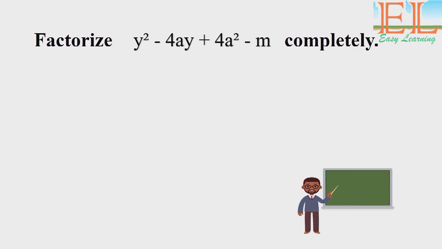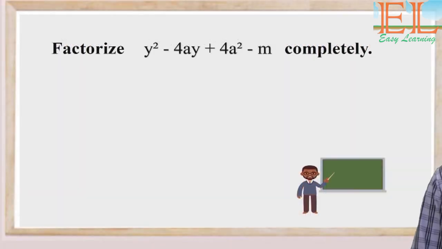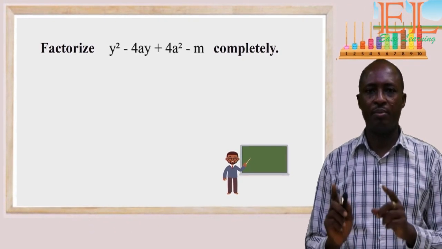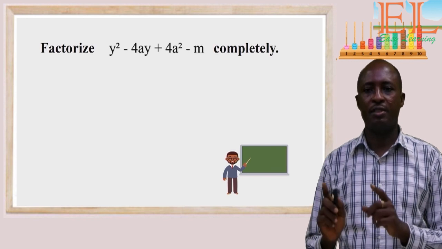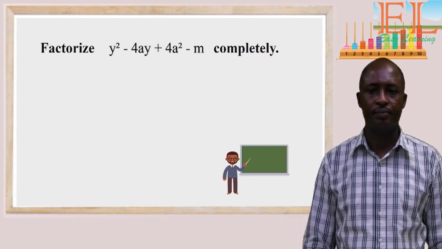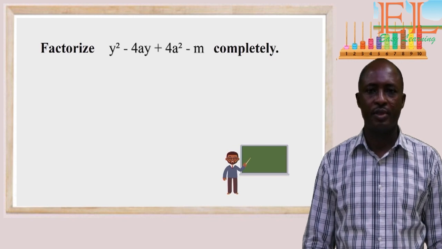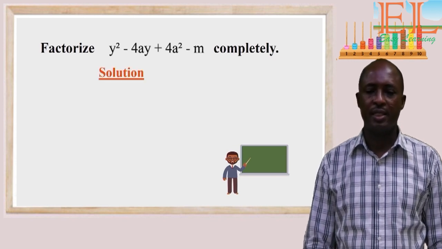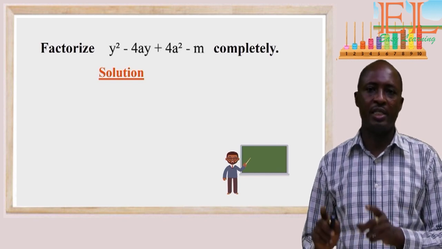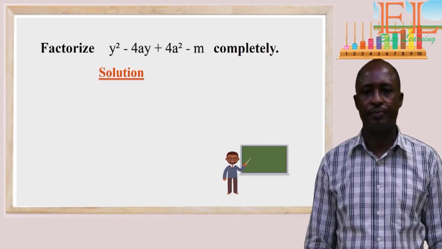Let's take another question. It says factorize y squared minus 4ay plus 4a squared minus m completely. And to do this, again, y squared minus 4ay plus 4a squared is a square.